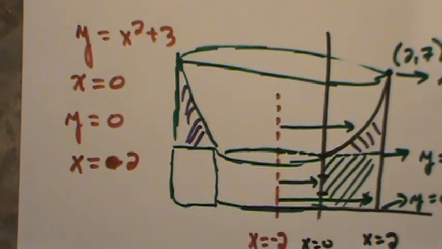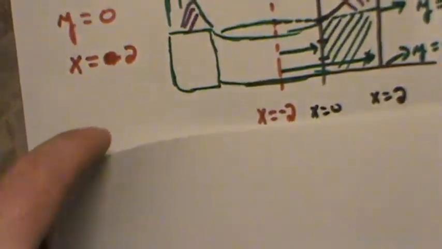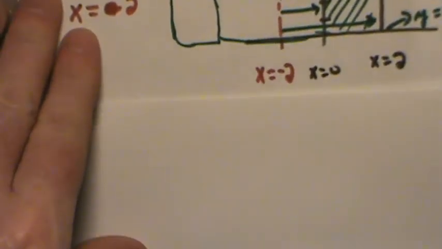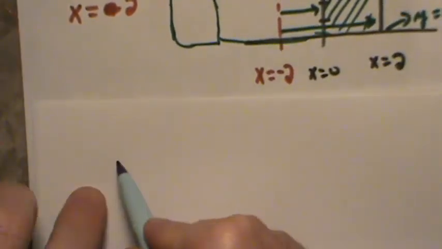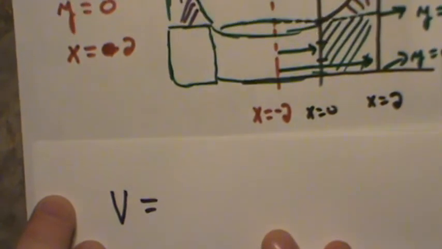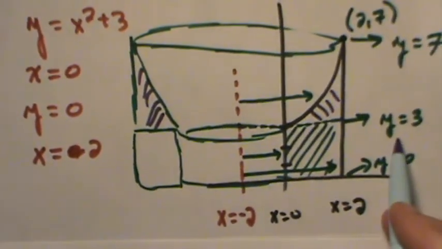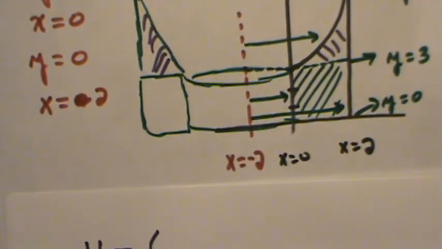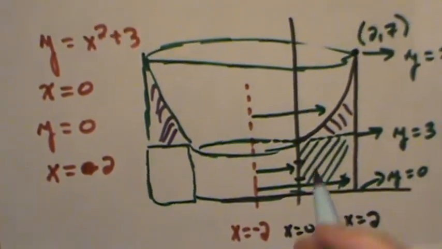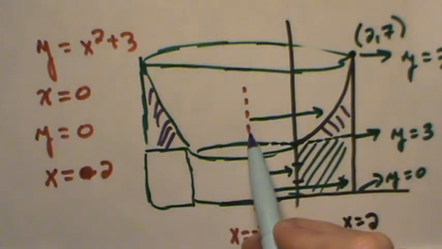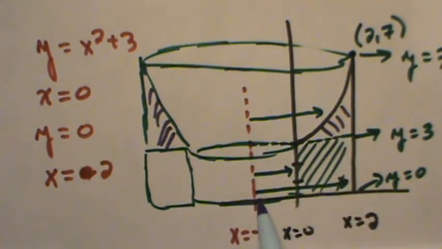So I'm going to pull out another piece of paper to put over this. On this one, I would say that the volume is equal to the integral, and we already figured that out, that'd be from 3 to 7 of pi. Now my biggest distance here is that one I did earlier.